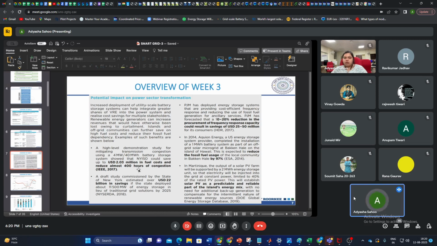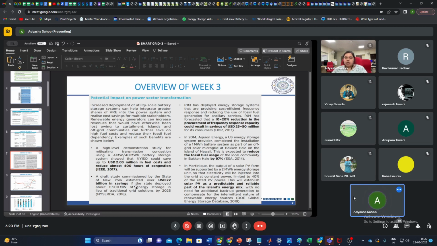So for the Newark ISO, it has estimated that due to relief of transmission congestion, a 4 megawatt battery storage can help reduce fuel cost by $2.3 million, and they are able to mitigate almost 400 hours of congestion in the grid.